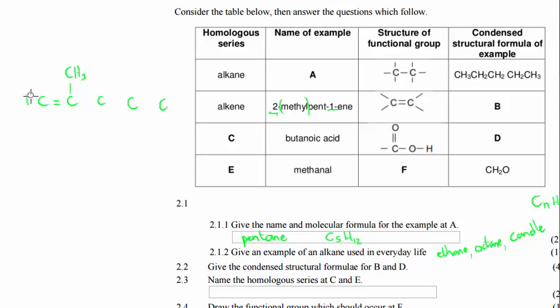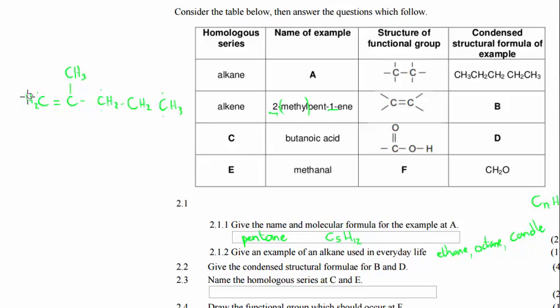So this one here has 2 left, so he's got 2 hydrogens. This one here has none left, no valence electrons left. This one here has 2 left, so I've got 2 hydrogens. This one here has 2 left, so 2 hydrogens. And this one here has 3 left, so 3 hydrogens.